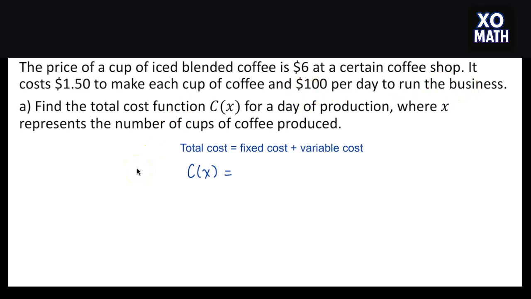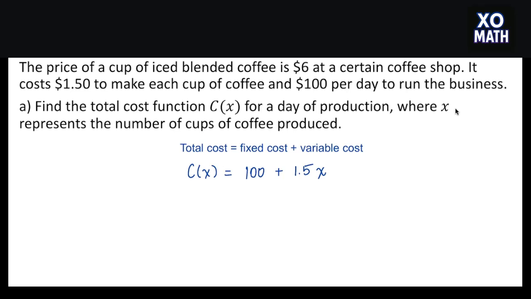No matter how many cups of coffee we produce, we have to pay $100 per day. So the fixed cost is $100 plus now the variable cost is dependent upon the number of cups of coffee produced. So it costs $1.50 to make each cup of coffee, and I'm making x cups of coffee. So we're going to multiply $1.50. Well, since I'm removing the units of dollars, I'm going to go ahead and put 1.5 times x.